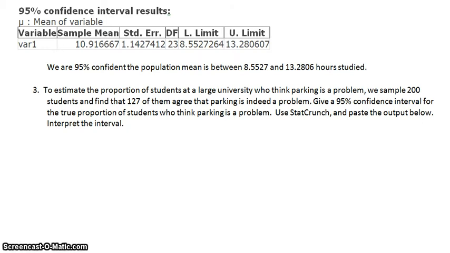All right, so in number 3, proportion of students who think parking is a problem, that's going to be a confidence interval for the proportion, and we always need x out of n, so that's 127 out of 200.